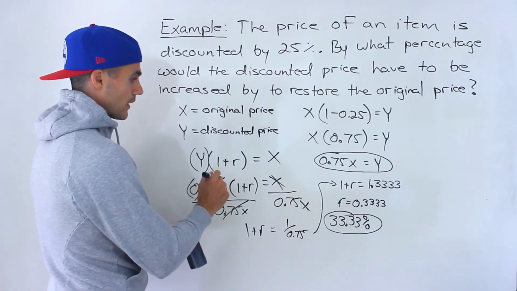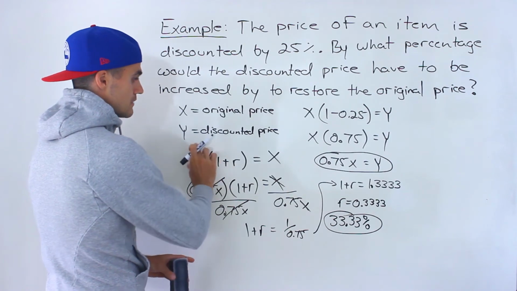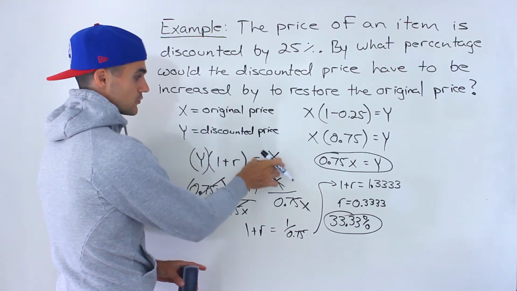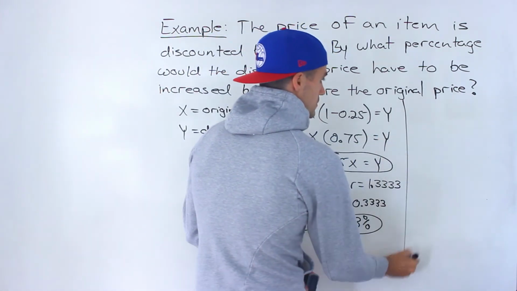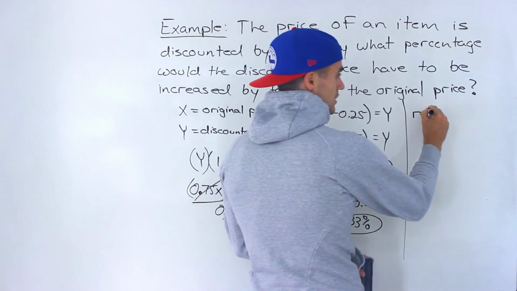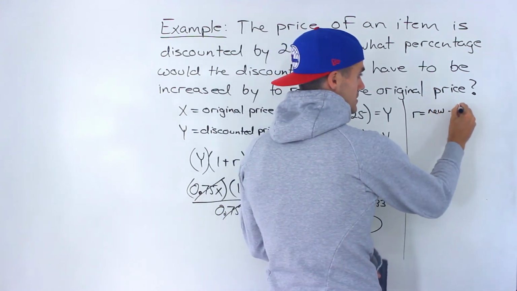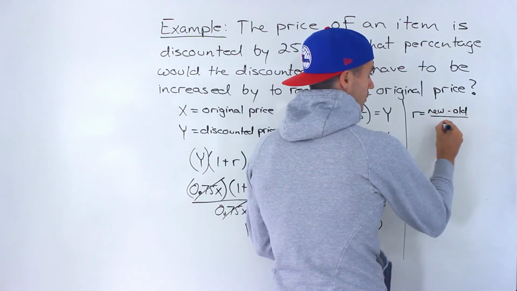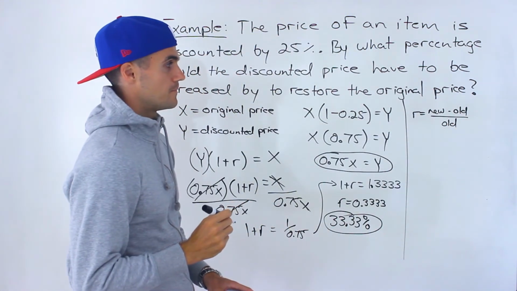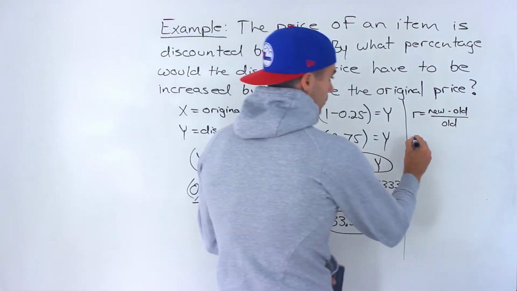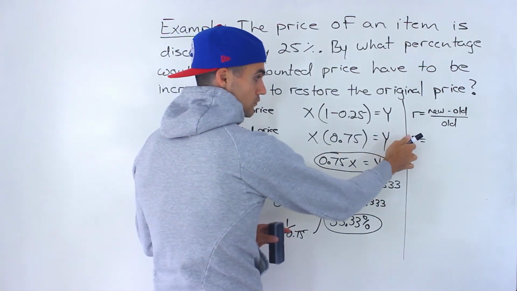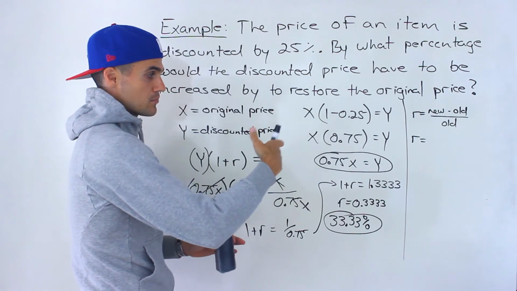Now, another way we could have gone about this is, instead of using this formula, old times 1 plus r is equal to new, we could have used that percentage increase is going to be the new minus the old, all over the old. Now, we're starting at the discounted price, so this r we're going to solve for is the percentage increase.